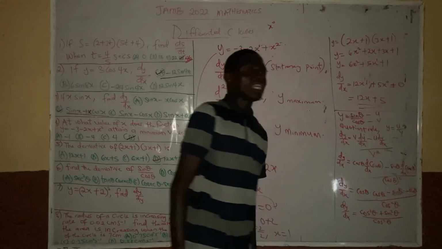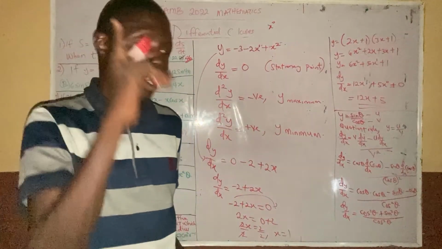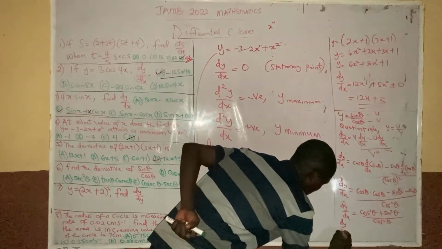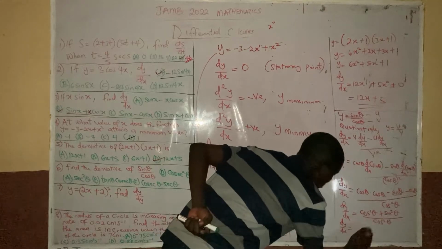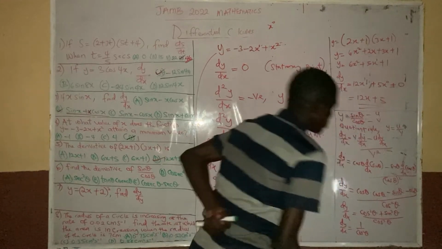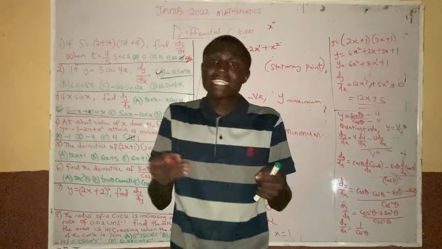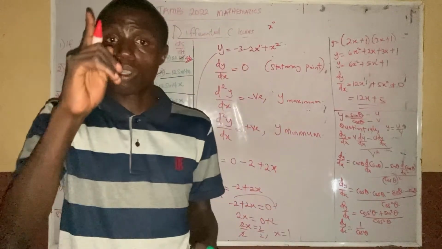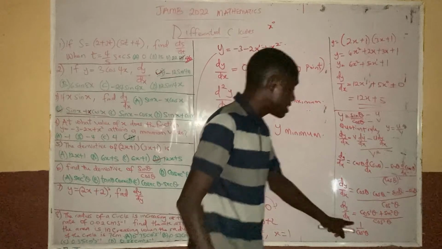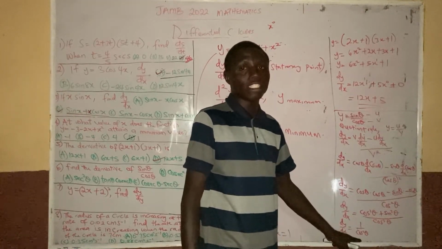Now in trig functions, cos square theta plus sine square theta is 1. So dy/dx is equal to 1 all over cos square theta. That is a trig identity.